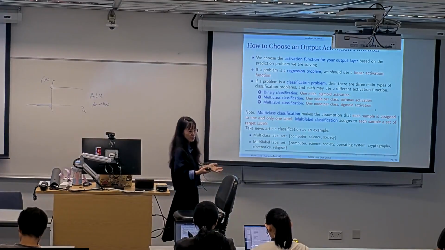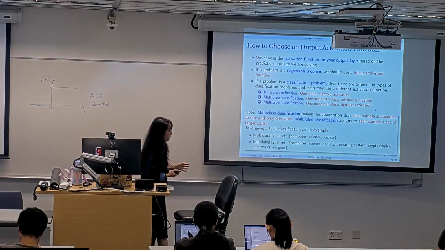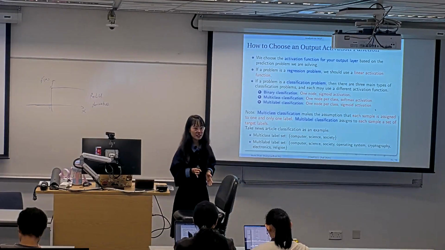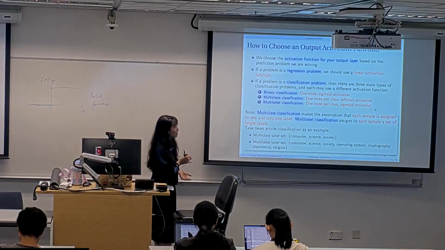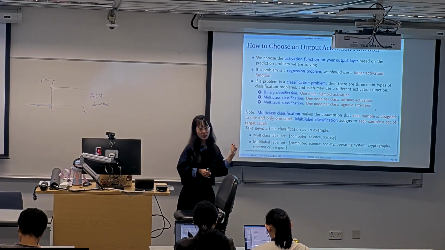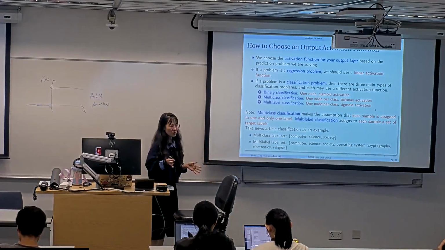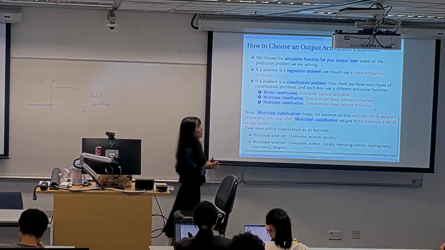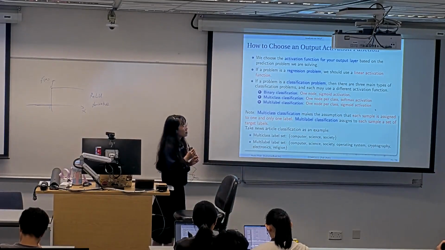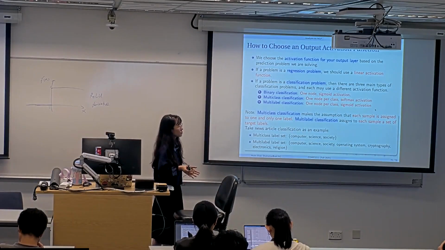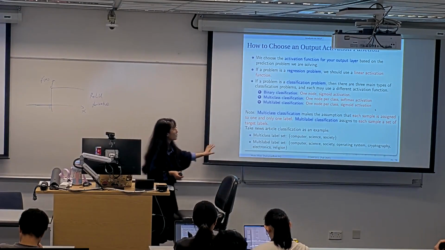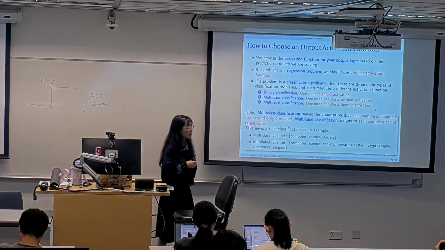So please know the difference between multi-class and multi-label. There are 2 different classification tasks. If we're talking about multi-class classification, then we still have the assumption that each sample is assigned to 1 and only 1 label. It's just that the labels are from multiple classes. If we're talking about multi-label classification, then each sample can actually be assigned to a set of target labels. We can take news article classification as an example.